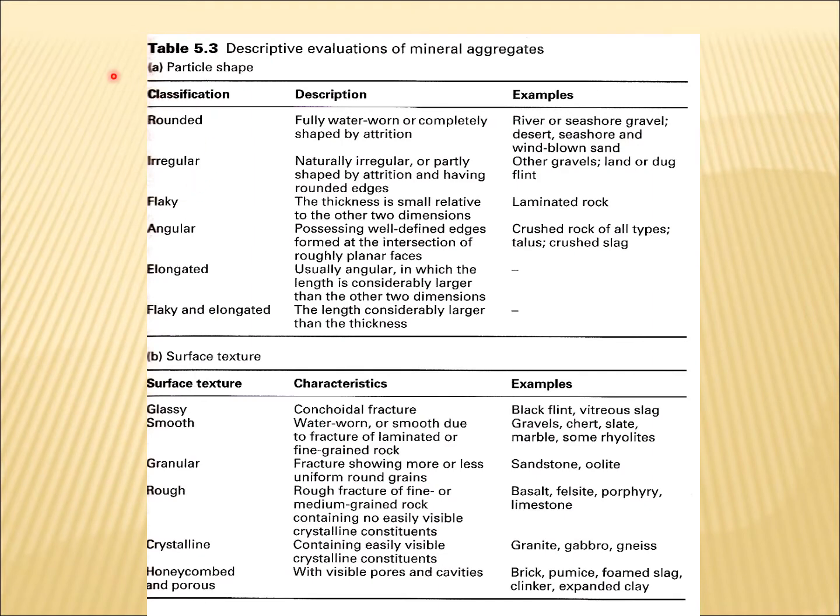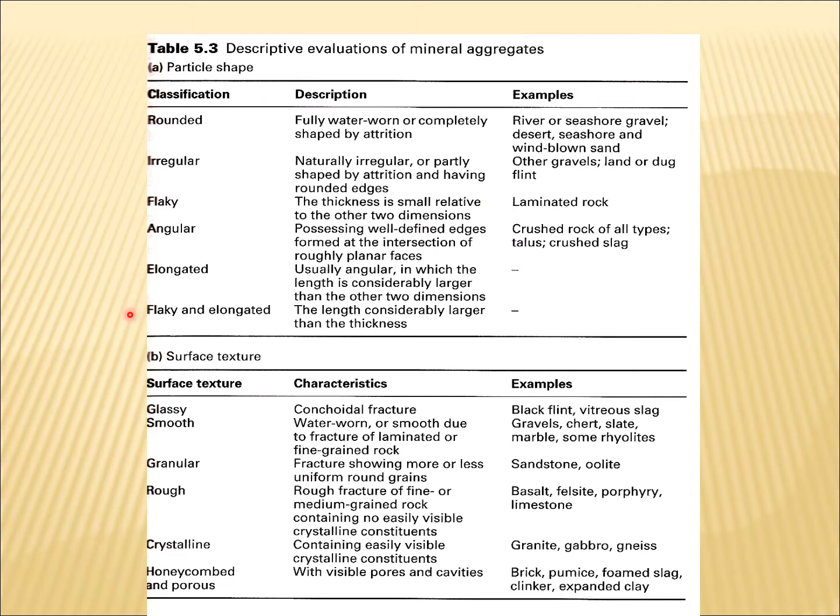Now, if you look at this table, descriptive evaluations of mineral aggregates. First you can see the particle shape, and here the description of the different types of particle shapes is given. So rounded particles, irregular particles, flaky particles. Flaky particles are those in which the thickness is very small. Angular particles, elongated particles. Elongated particles are those in which the length is dominant and the other dimensions are very small.